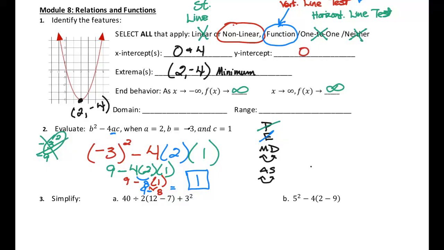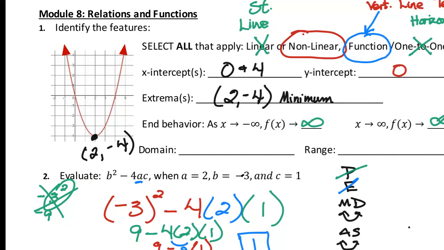All right, here's the tricky one. Domain and range. Domain, that is your x values. So what are my possible x values that I can have for this graph? What are my x values?